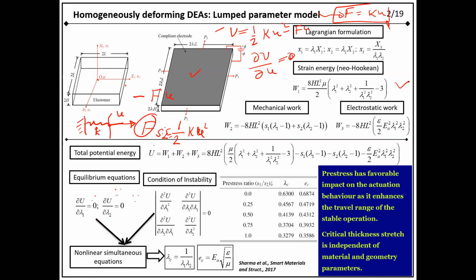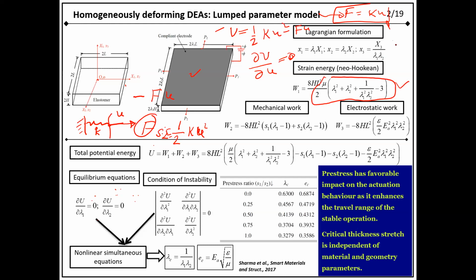This function is nothing but the strain energy density. If we multiply it by the volume of the system, that is nothing but 8L square H, we can obtain the strain energy, where mu is a material constant, and lambda 1, lambda 2 and lambda 3 we have replaced by utilizing this relationship.